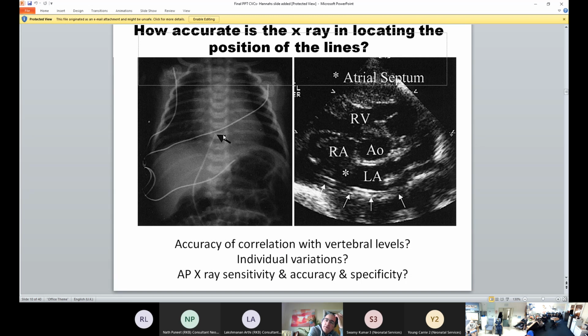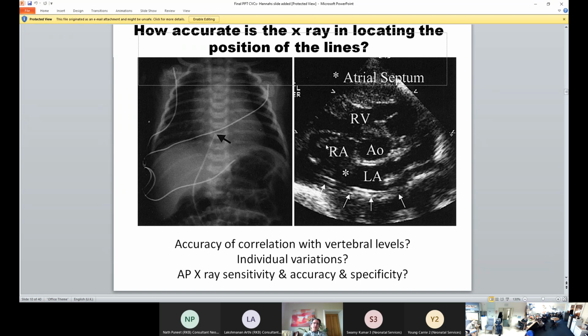For example, if we look at this X-ray, the tip of the UVC is in the right atrium, because it's above T8. It is within the cardiac shadow as well. So by X-ray, I would say this is the tip in the right atrium.